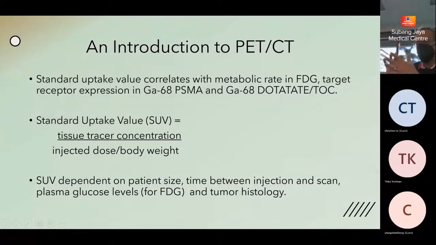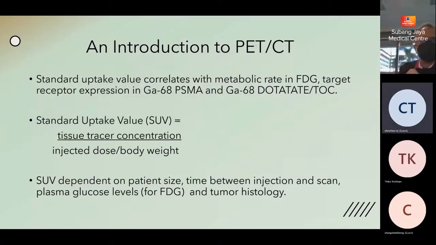And certain tumor histology would also determine the uptake. Some tumors express the PSMA receptors highly, or the somatostatin receptors. And it's very important that when we order a PET scan, we need to know the tumor histology, because it will influence how we interpret the results.